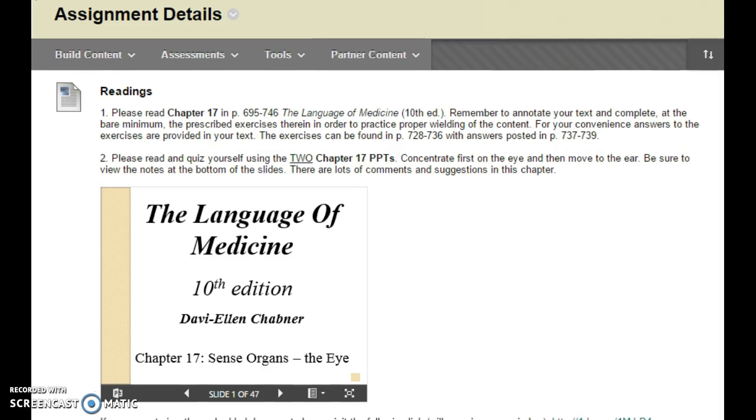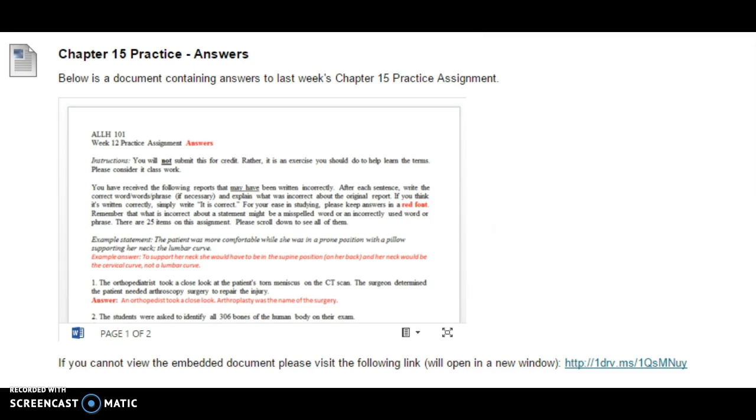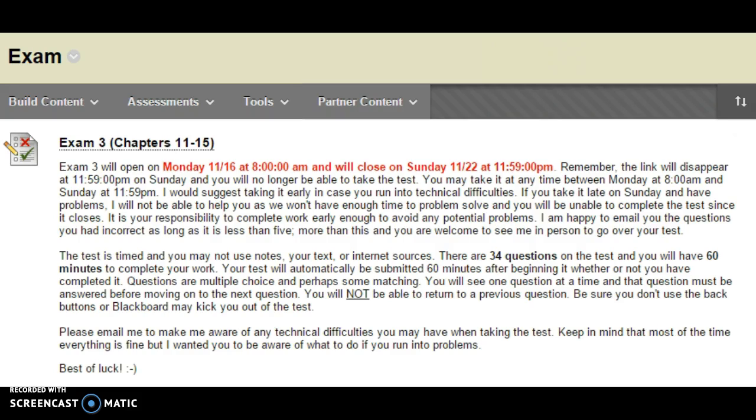The first one focuses on the eye, and the second one focuses on the ear. Next in that folder, you'll notice that I posted the Chapter 15 practice assignment answers. So please take some time to look over possible answers to that assignment and reach out if you have any questions on those.